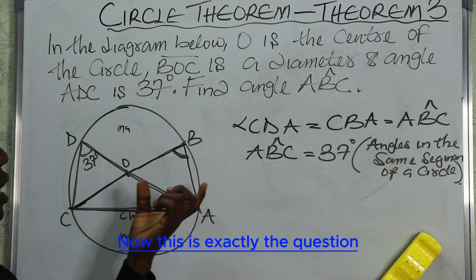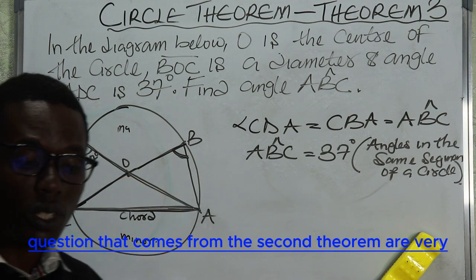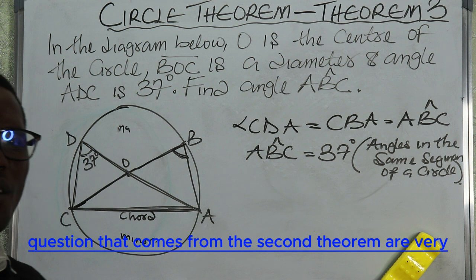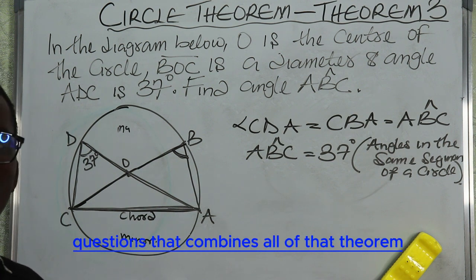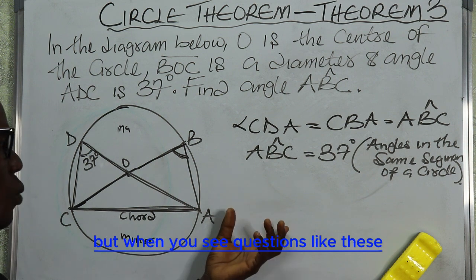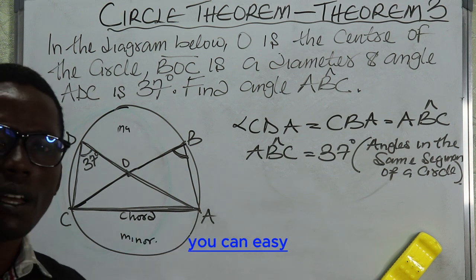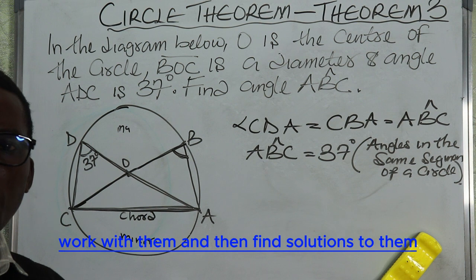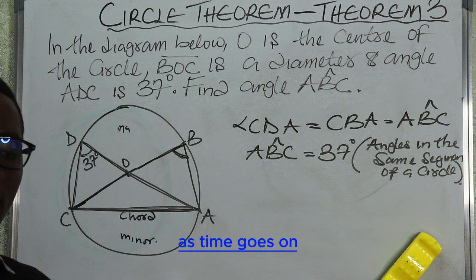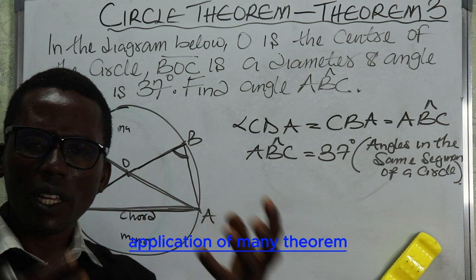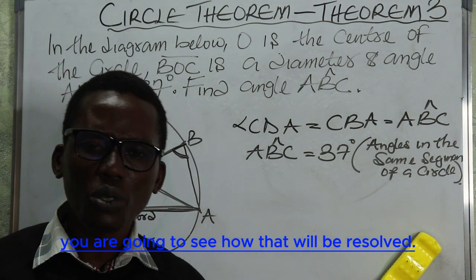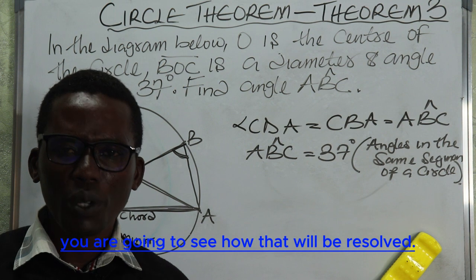Now, this is exactly the question, and you see, questions that come from this third theorem are very easy questions, although they have to do with questions that combine all other theorems. But when you see questions like these, you can easily work with them and find solutions to them. As time goes on, we are going to solve complex questions that have to do with application of many theorems. You are going to see how that will be resolved.